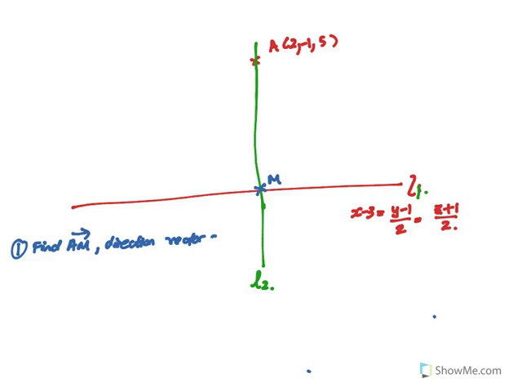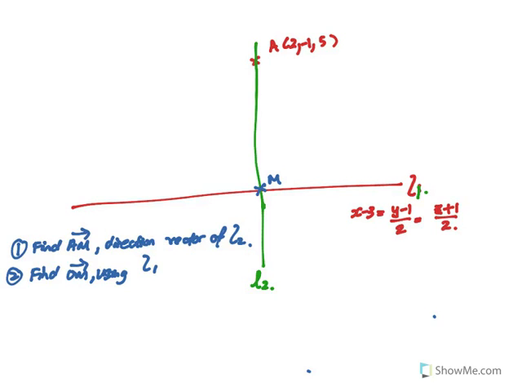How do we find AM? We first find OM. We use line 1, because OM lies on line 1, so OM can be written in terms of the equation of line 1. After that we find AM, and with AM we find the direction vector of line 2, and then the equation of line 2.